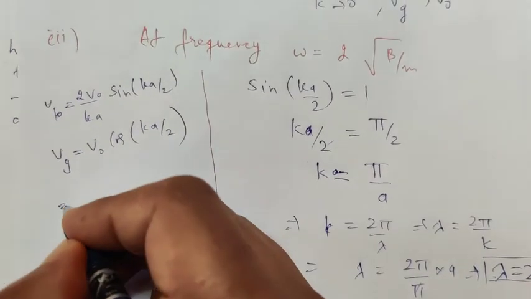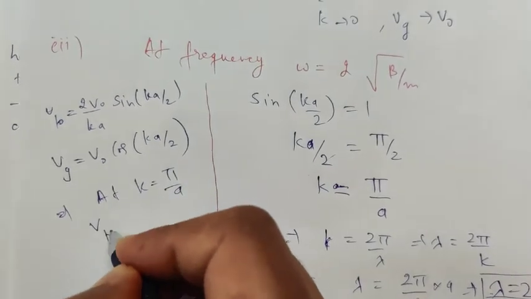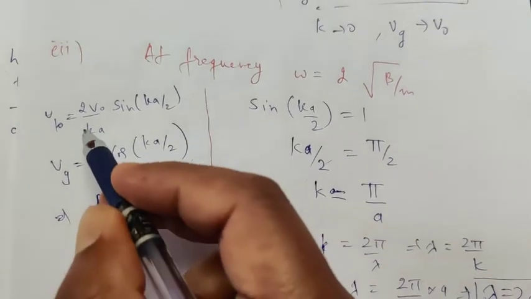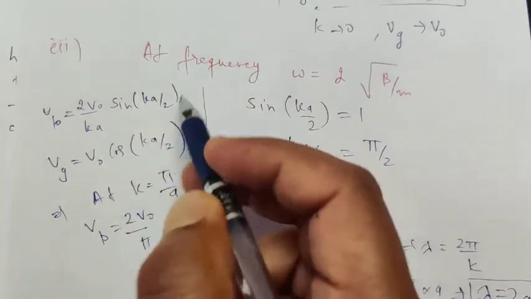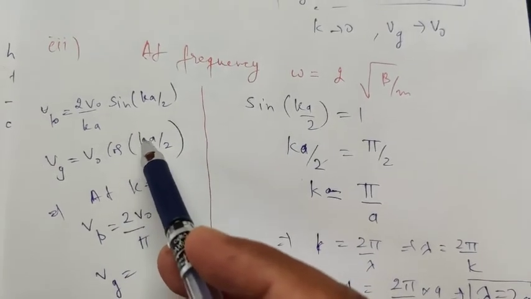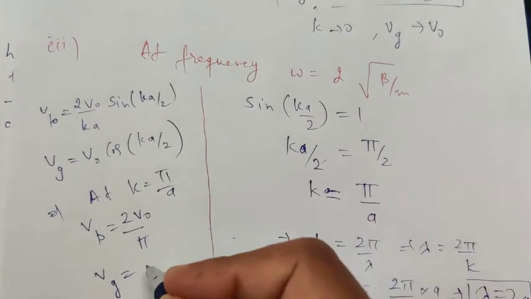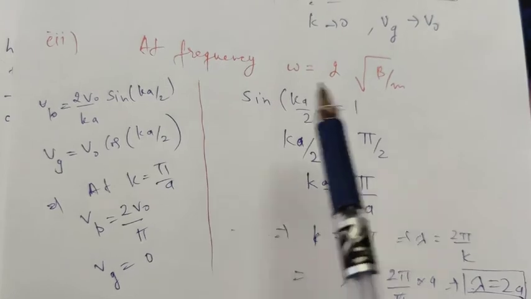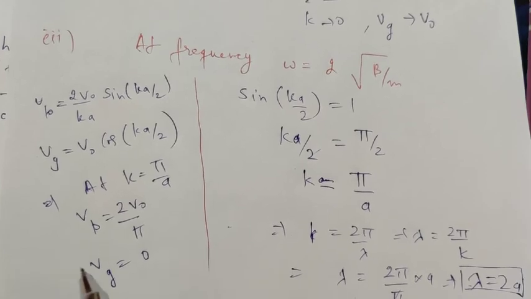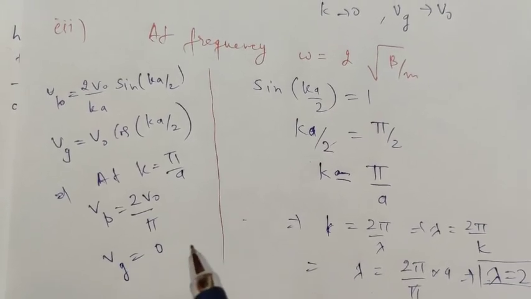So therefore at K equal to pi by a, your Vp becomes 2 v naught upon pi, and Vg will be, with pi by a cancelled, cos pi by 2, which is equal to 0, so therefore Vg is equal to 0. Therefore at this frequency Vp is equal to this and Vg is equal to this. So since Vg is equal to 0, that means your envelope is not advancing, so therefore your resulting wave is a standing wave, or you can say a stationary wave.